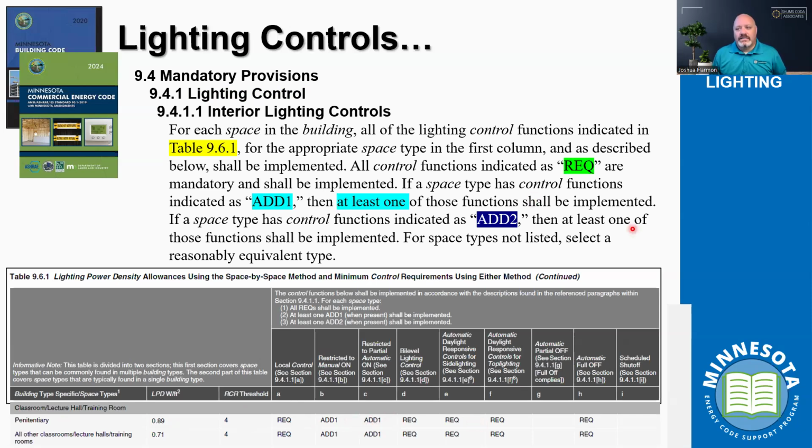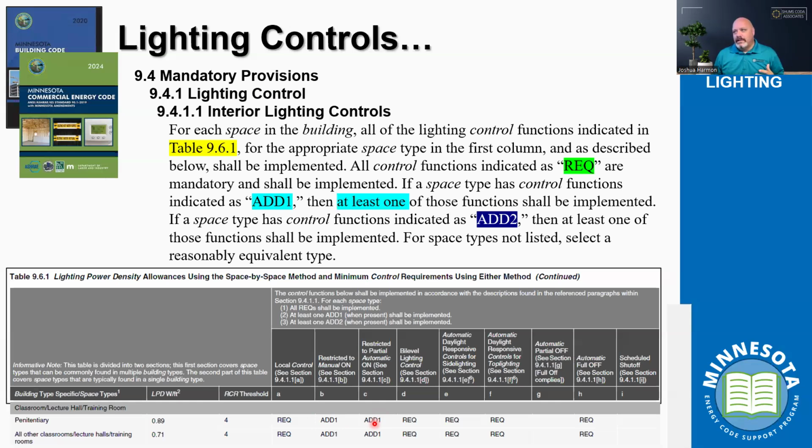And then once in a while, you'll see where a particular space is required to have a second function in that space. And so you're required to have all these functions, and then you can pick one of these to add into that fixture, right? So it gets a little bit complicated, and we could talk about lighting controls in another class. This is more a little bit of the higher design considerations.